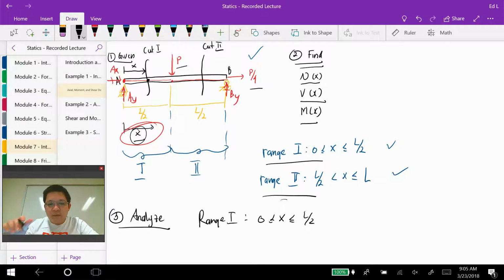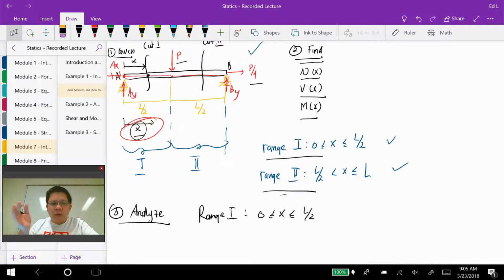We don't know where it is located, but we know it has to be somewhere between 0 and L over 2 within range 1. We define it as x because we already use x to define the horizontal coordinate of the beam.